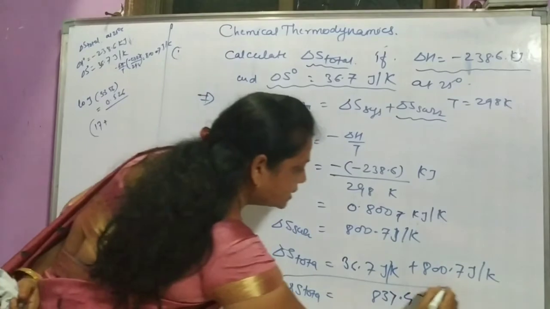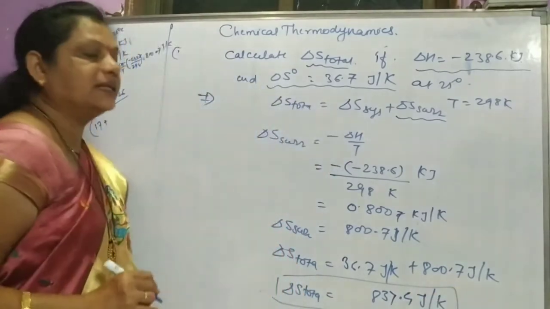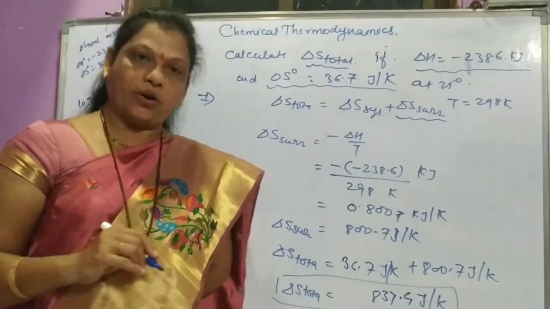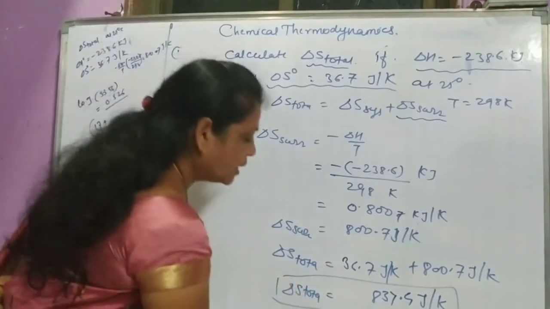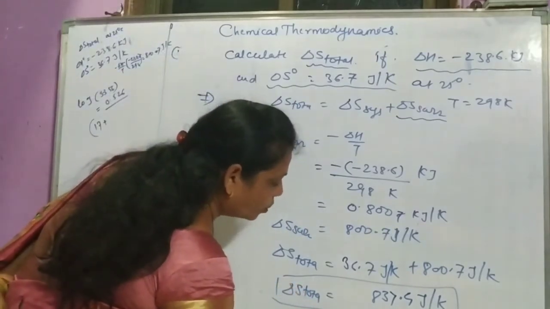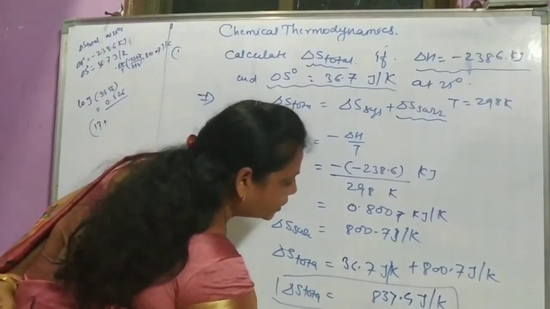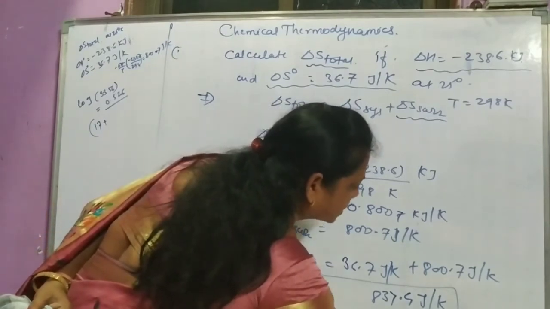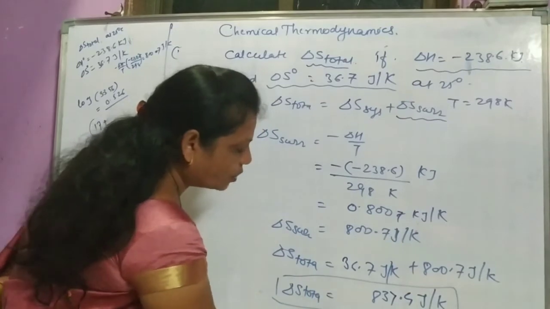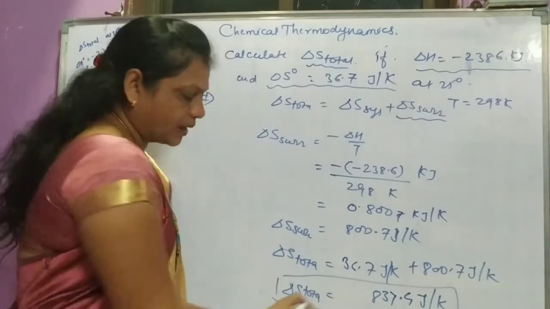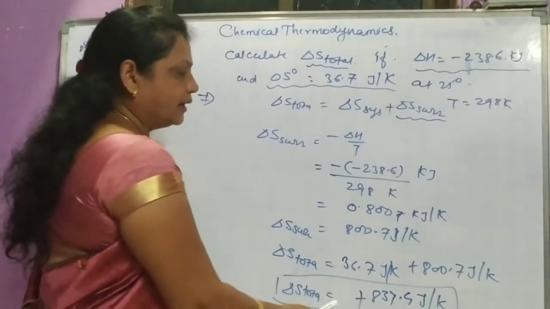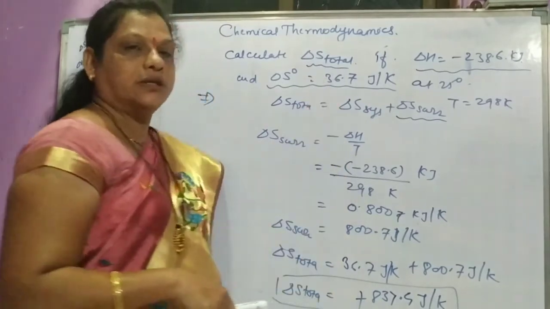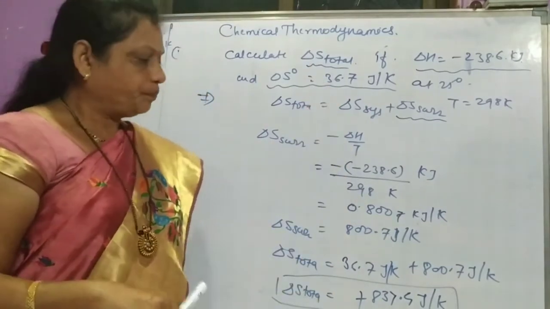Now the question is to state whether this is spontaneous or not. According to thermodynamics, if del S total is greater than 0, the reaction is spontaneous. As del S total is greater than 0, that is positive, the reaction is spontaneous.